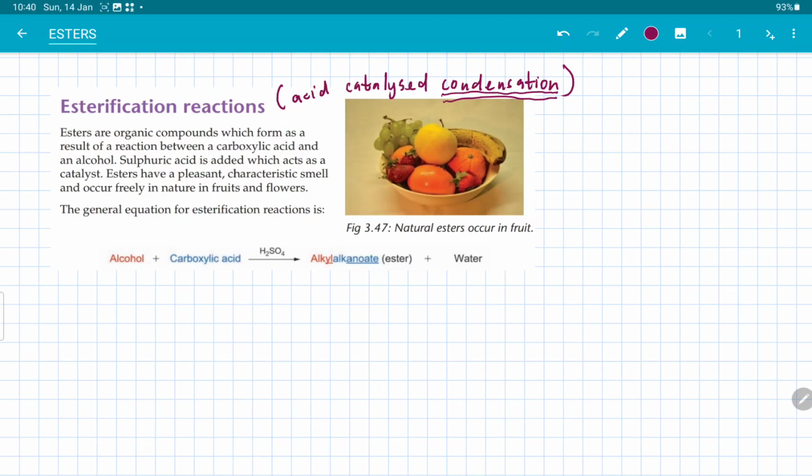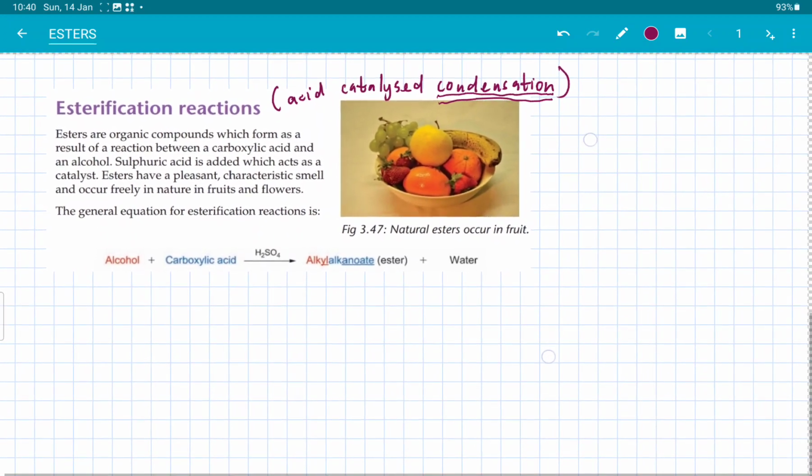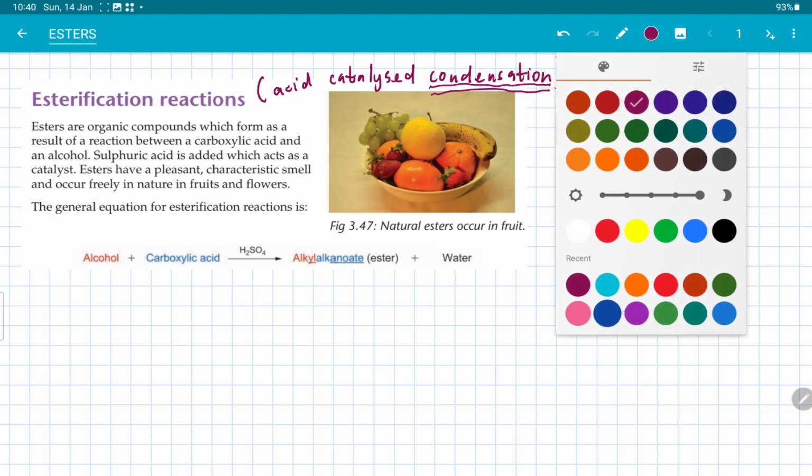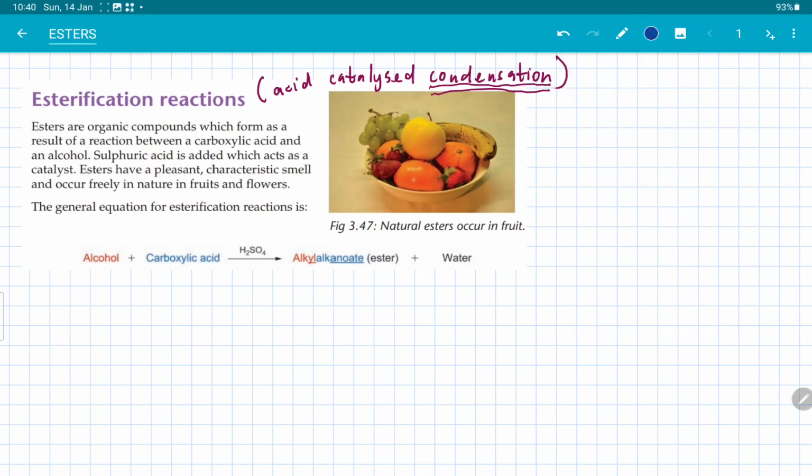Anyhow, we have to do examples. For my examples, we need the alcohol and the carboxylic acid. I'm going to use ethanol, because it's going to be convenient. I want to use short chains. Ethanol has 2 carbon atoms.